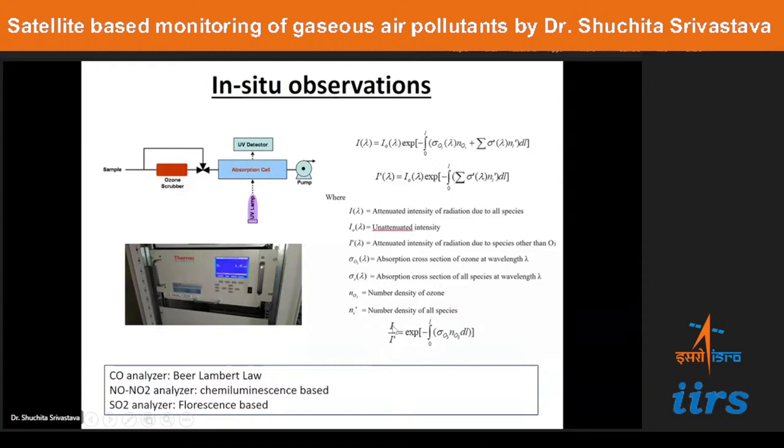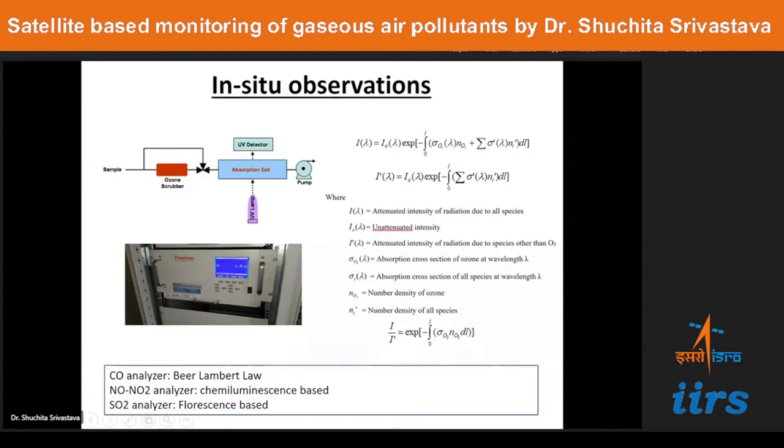So these two quantities are known. Sigma ozone for that particular wavelength is already known from previous experiments. So the only unknown in this equation is the number density of ozone. Using this Beer-Lambert law principle, we can calculate the number density of ozone in the ambient air parcel.